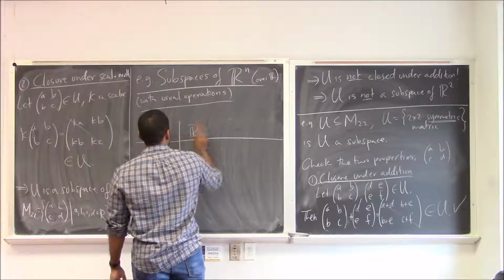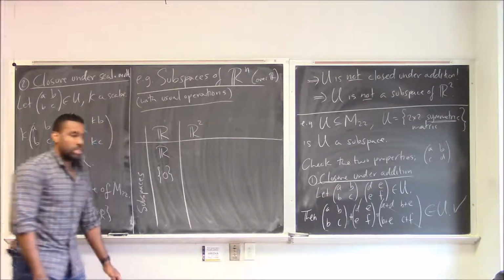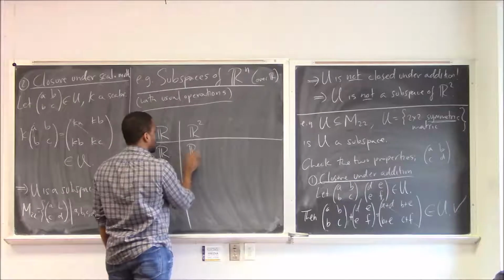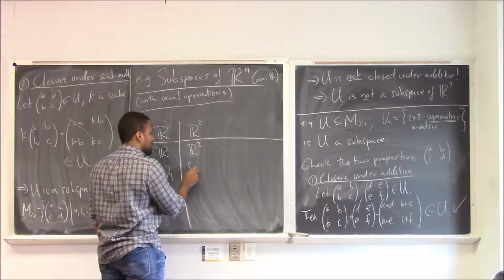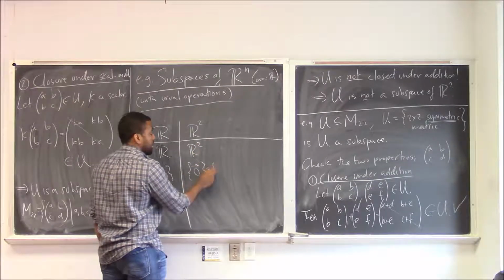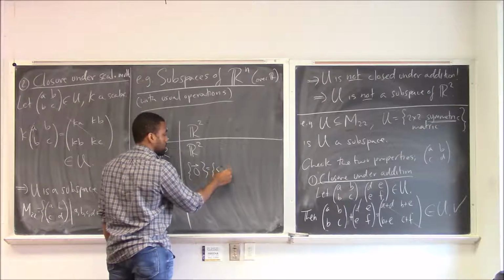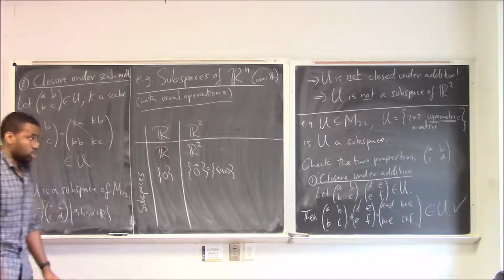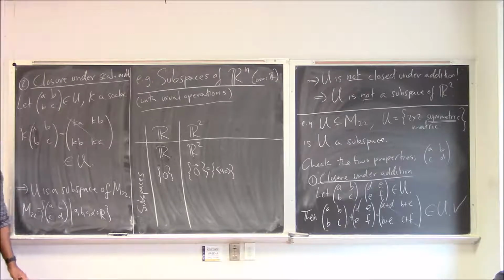Maybe if we go up a notch, that will change. So let's look at R2. R2 itself is clearly a subspace of itself, and the zero vector, in this case, that means this element specifically. Those two are subspaces. Who else can you think is a subspace?